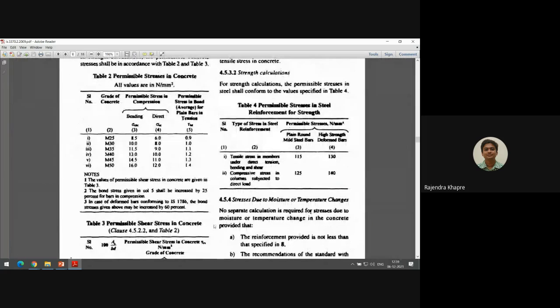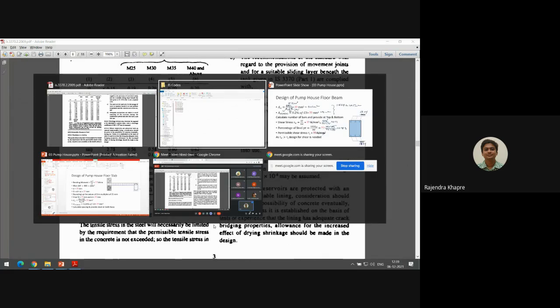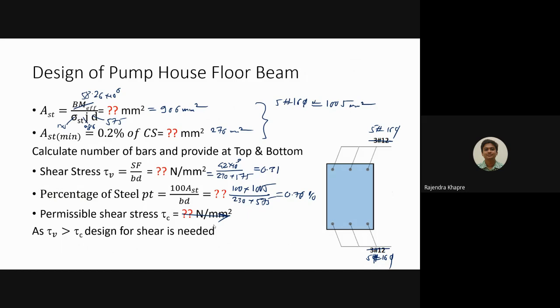Okay, so for 0.75, the tau c value for M25 grade concrete, I can see it is 0.36. Okay, so let me go back. So this value is 0.36. Okay, so I don't know why, but your tau c is greater than tau v.